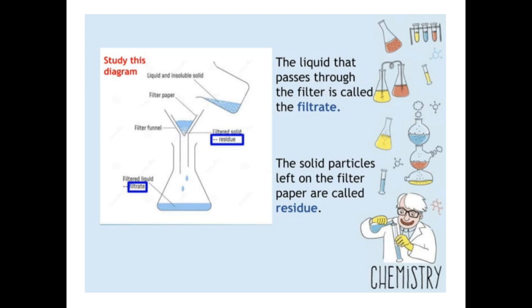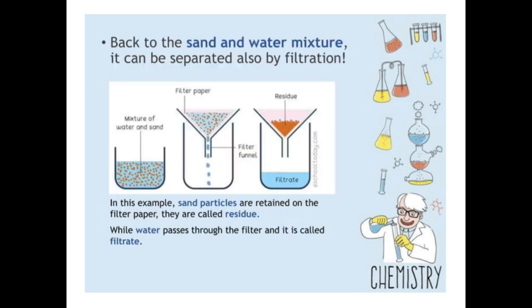The liquid that passes through the filter paper is called the filtrate, while the solid particles on the filter paper are called the residue. This is the typical diagram of a filtration setup, with the filtrate and the residue.